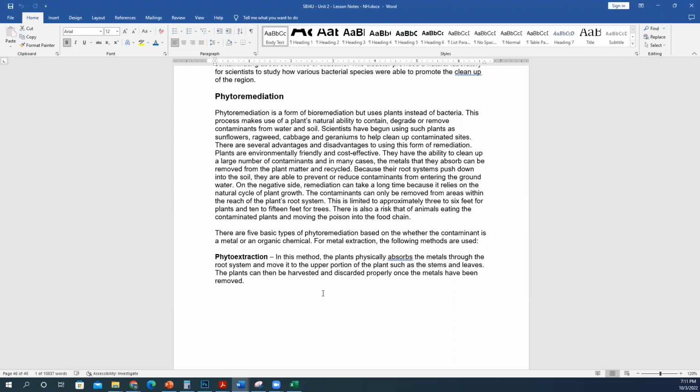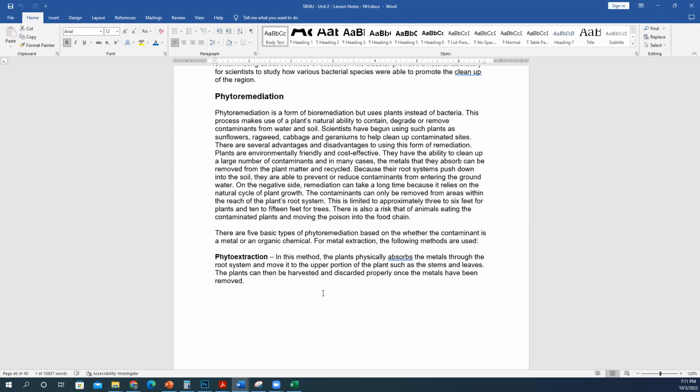Now, on the flip side, this type of remediation can take a long time because it relies on a plant's natural growth cycle. The contaminants can only be removed during the plant's life cycle, and only as far as the plant's root system can reach.